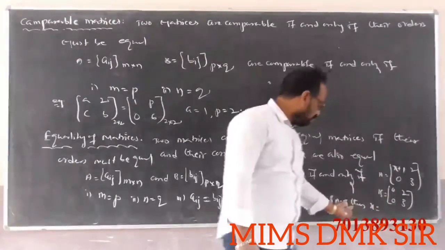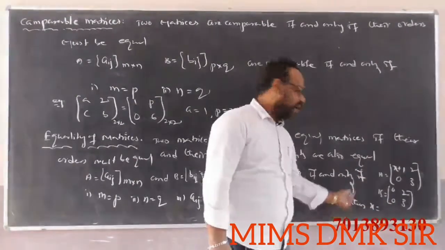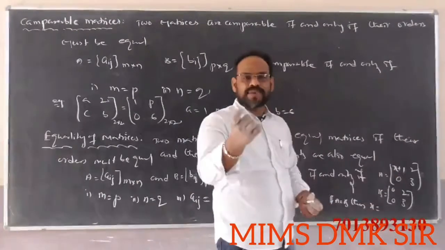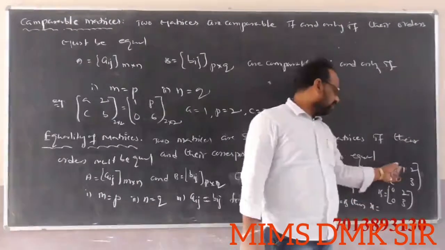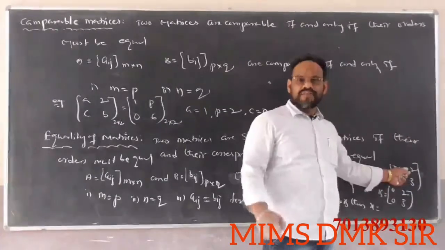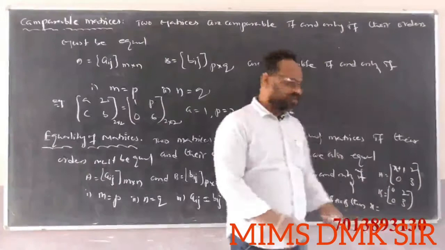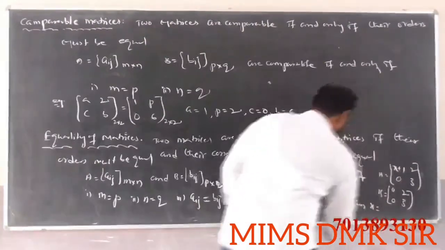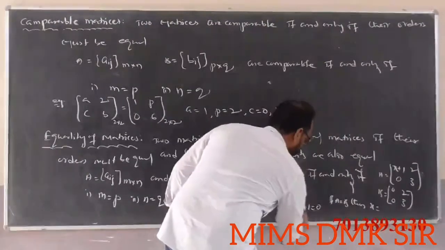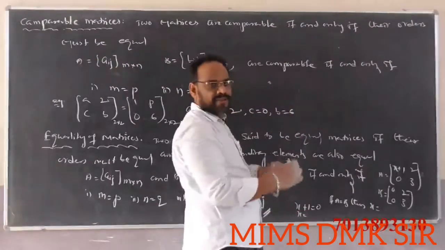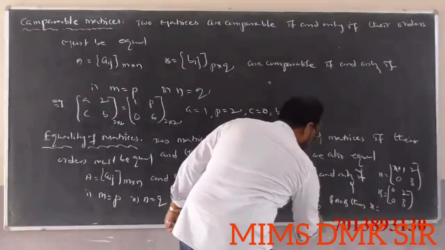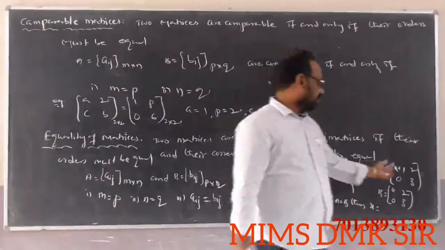So here they gave two matrices A and B that are equal. How to find the value of x? x plus 1 is the A11 element, and the A11 element compulsorily is equal to the B11 element. So x plus 1 is equal to 0. If you transfer plus 1 from LHS to RHS, it becomes minus 1. So x will clearly be minus 1. What is the value of x?